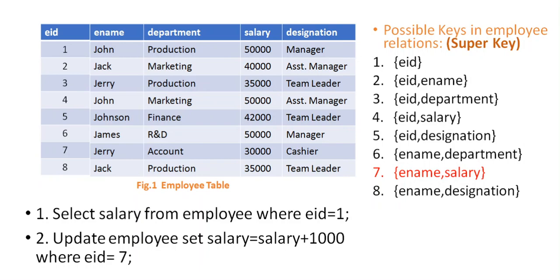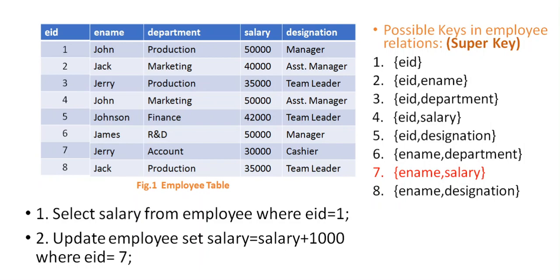Then consider another combination, ename and designation. Now here, if we take any ename and any designation, then that can be used as a unique identifier. For example, employee name is Jack, whose designation is assistant manager. Now let's take another Jack example. Employee name is Jack, who is a team leader. So I have two sets of ename and designation.